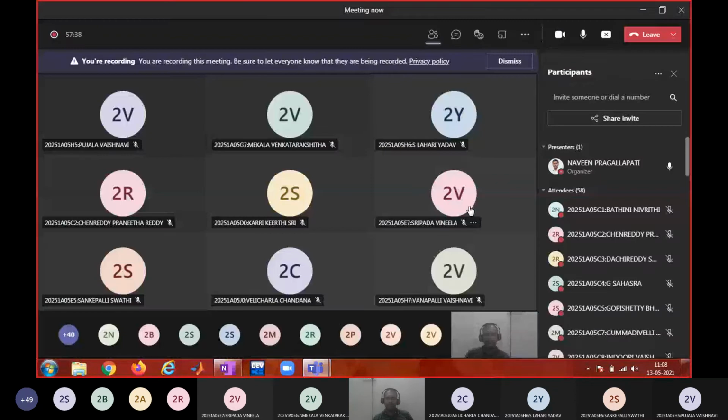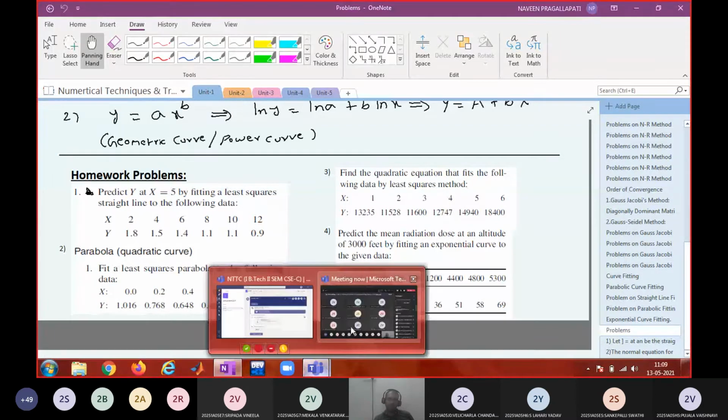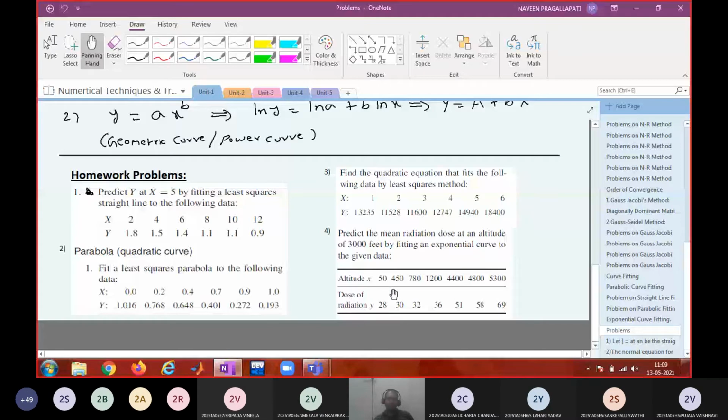All of you note down the fourth problem. Copied? Shall we go solve this problem?